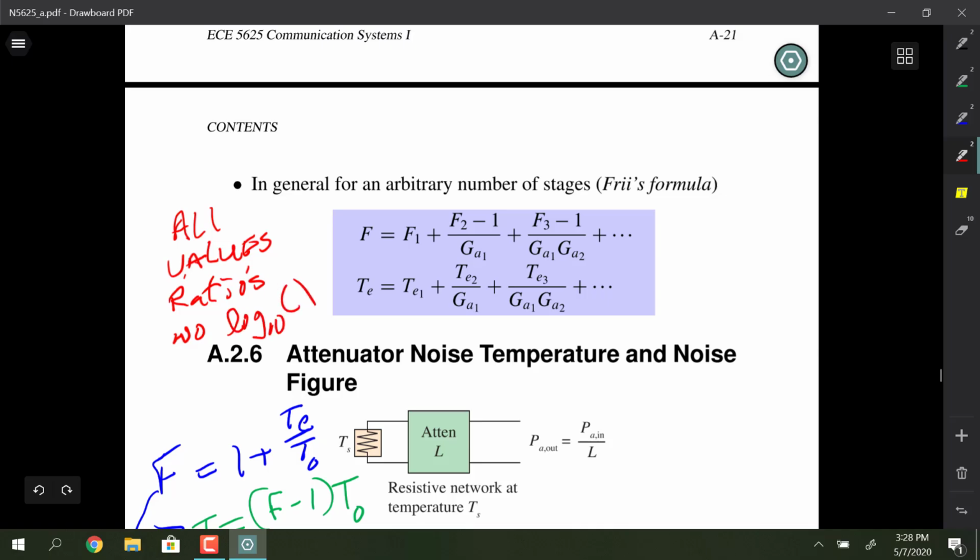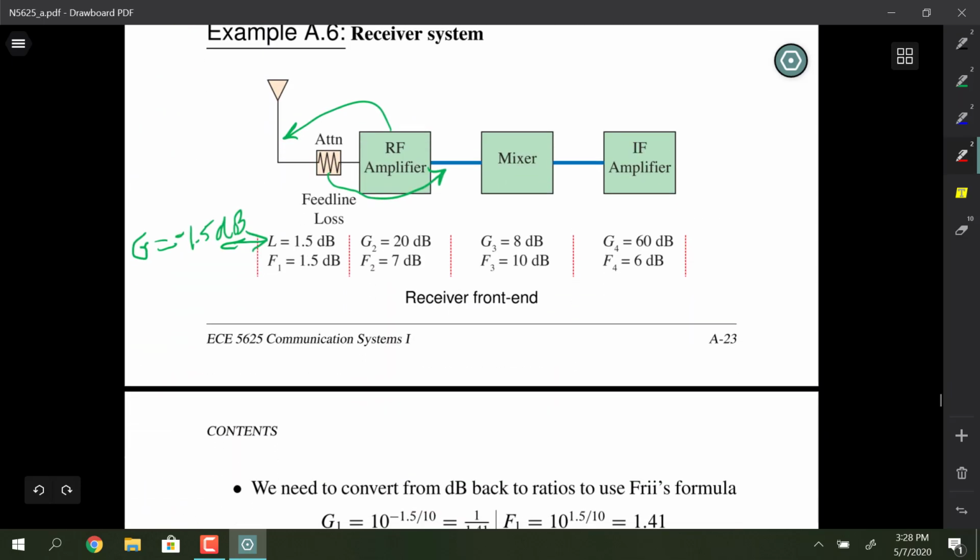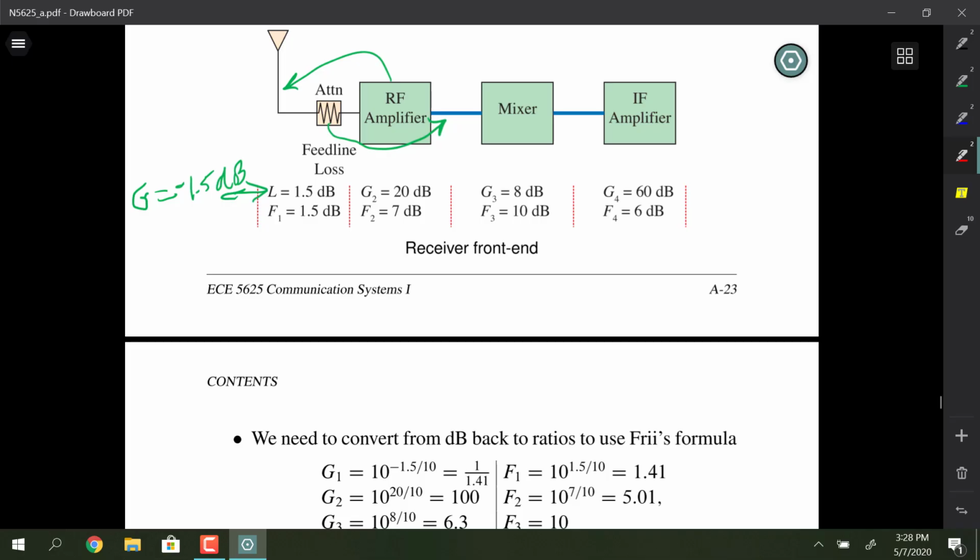There's nothing that's log 10 inside of here, so there's nothing that can be in dB. Noise figure can't be in dB. It just has to be a ratio of numbers, or just a number, period. So what we have to do before we can use Friis's formula is get everything out of dB and into ratios. So that means we have to convert everything.